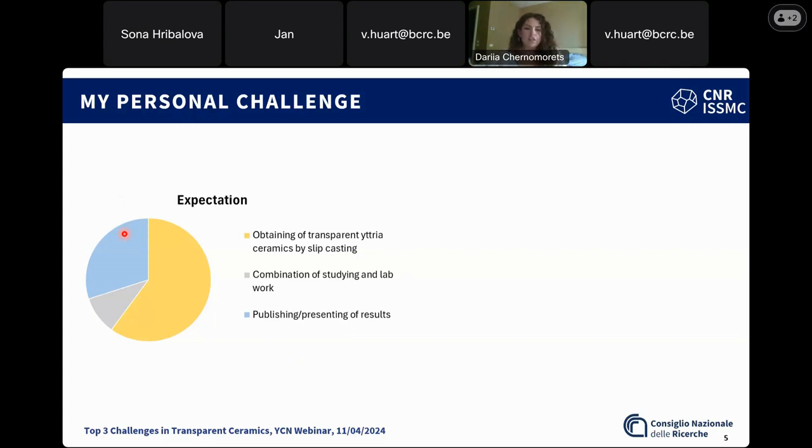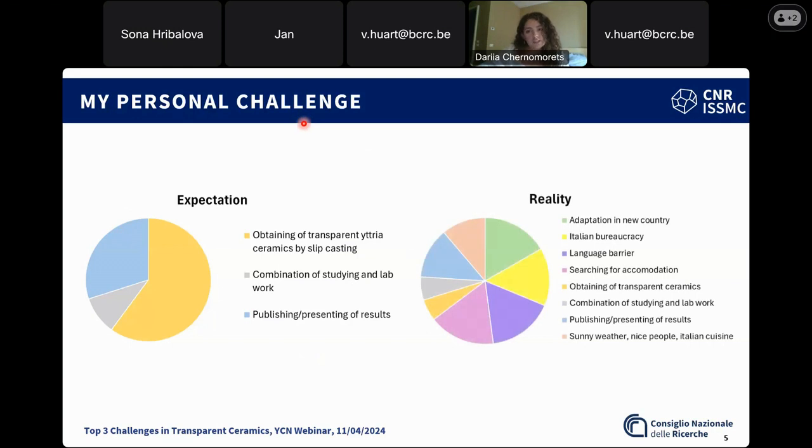Now, I would like to show you printing of an optimized sample. Optimized ink, I'm sorry. And the rheology of suspension for colloidal shaping methods is a big and complex part of the process.